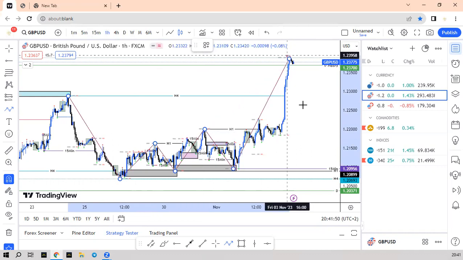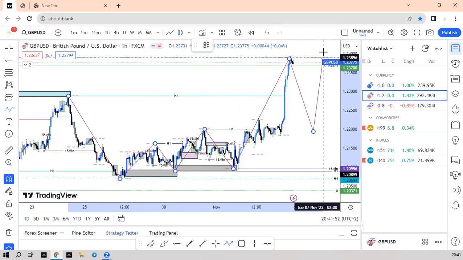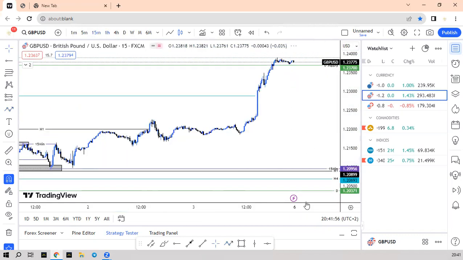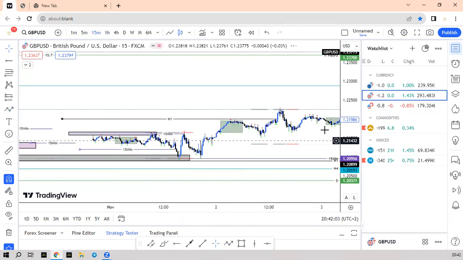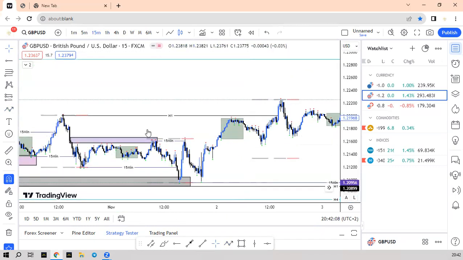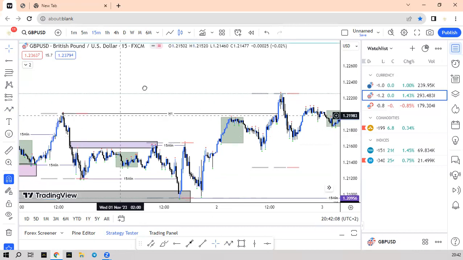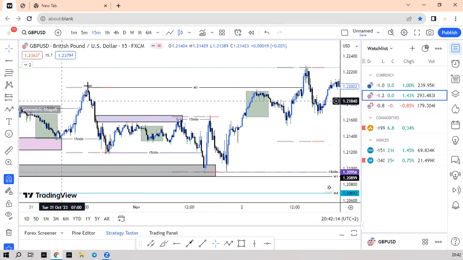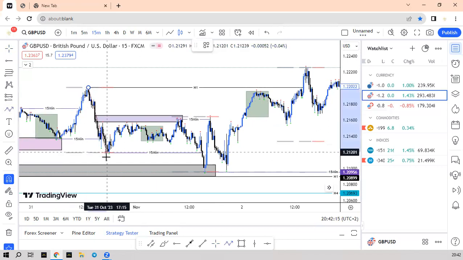Obviously, if it's bullish, we are waiting for a retracement, then we look for buys. So 15 minutes and H1, 15 minutes is right here. So this is the H1 range. This was the 15 minutes range. So 15 minutes was from here to here.